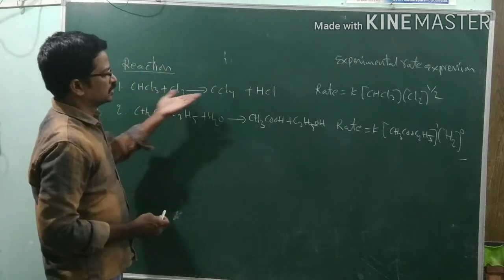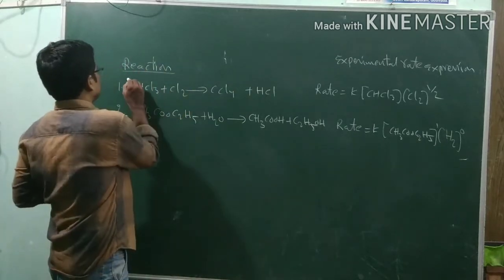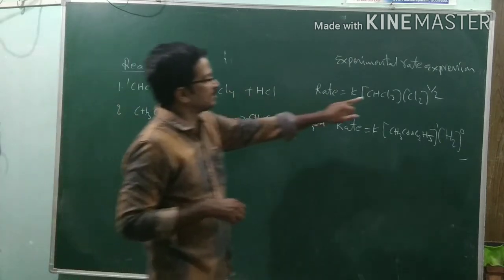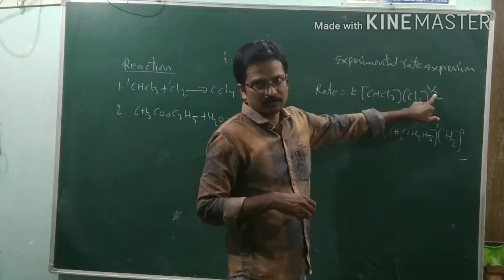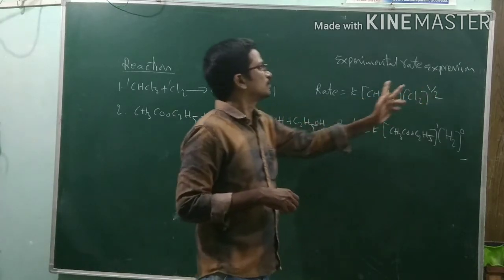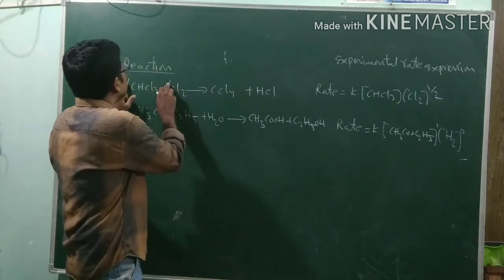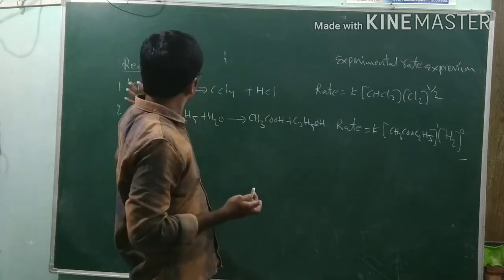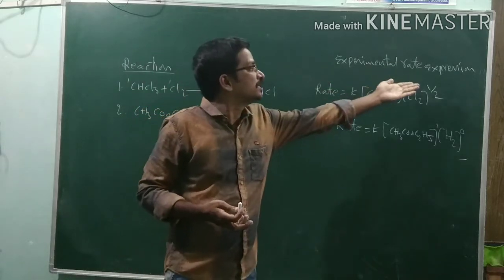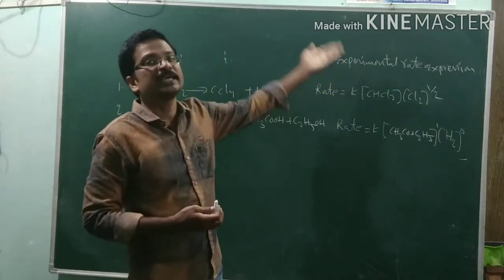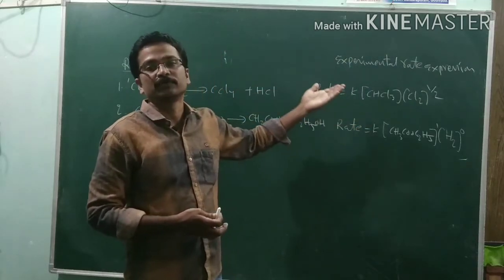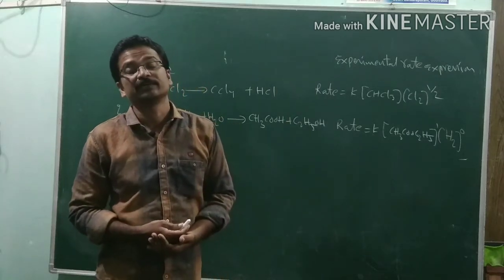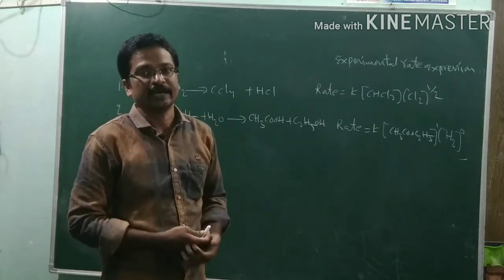By looking at these, the stoichiometric coefficients are 1 and 1, but the exponents differ from the stoichiometric coefficients. So the stoichiometric coefficients are not equal to the exponents. Exponents come from the experimental data, as we saw in the previous example.